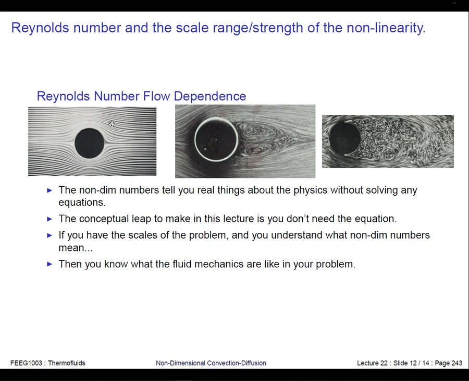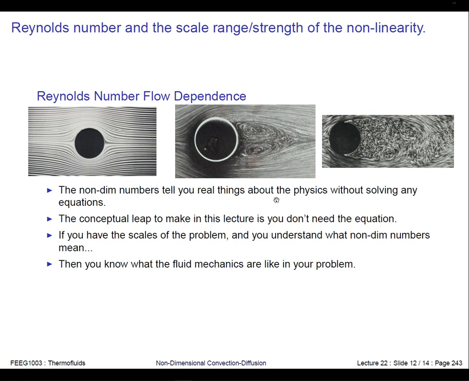So the flow is very stable, and the solution to the Navier-Stokes equations gives this kind of flow pattern. In the opposite extreme here, the convective forces are much stronger than viscous forces, and the viscous forces can't stabilize the flow. You generate all of this instability and chaos and turbulence.